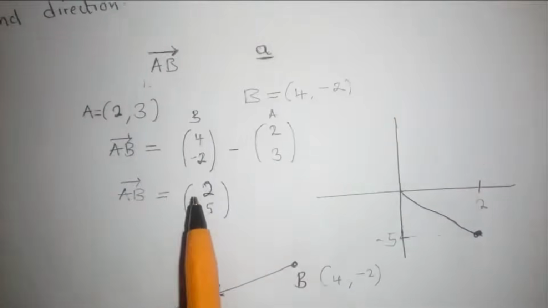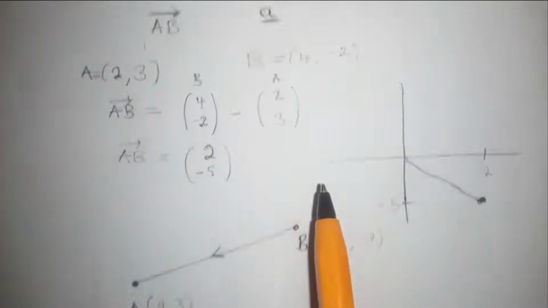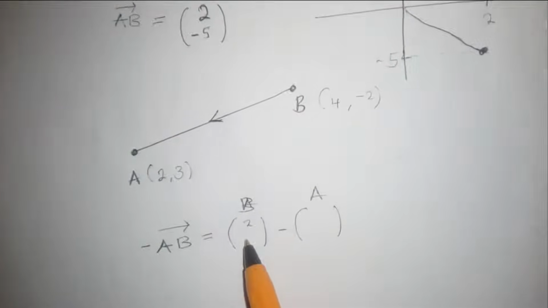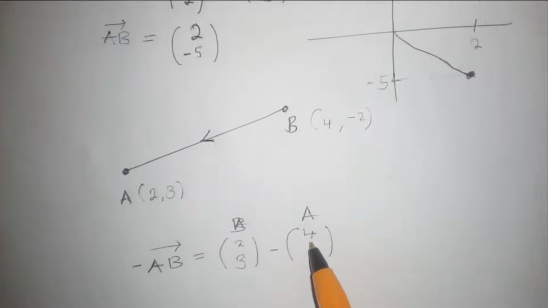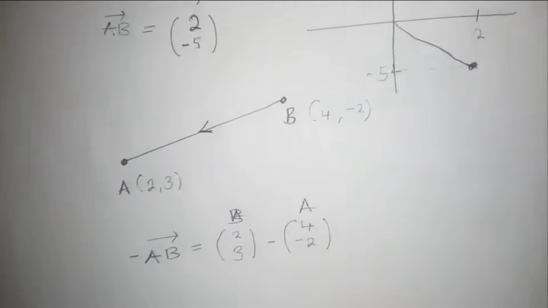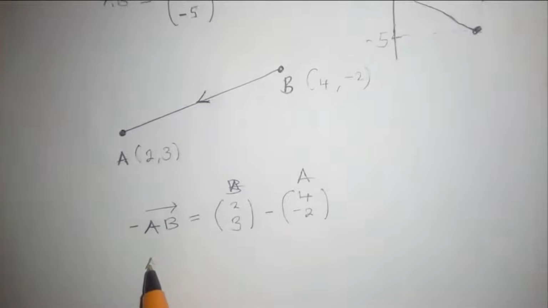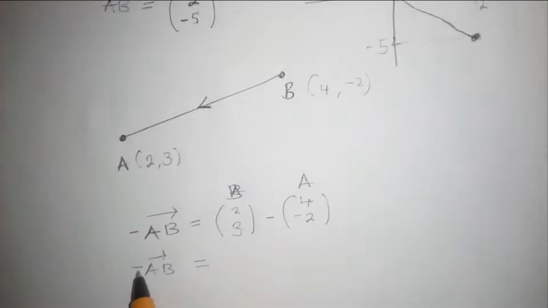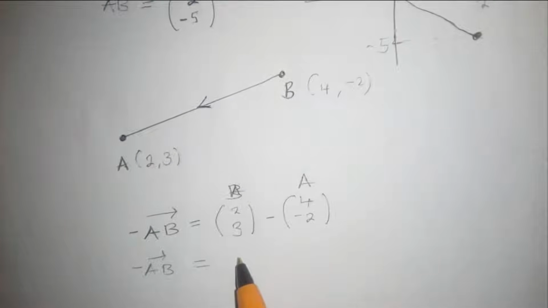So if you remember what I did here is what I'm doing right here. So you even write this is 2, this is 3, this is 4, and this is negative 2. So you can work out your stuff here. Don't forget the negative sign. There is a negative here. So when you work out here, you have negative 2.